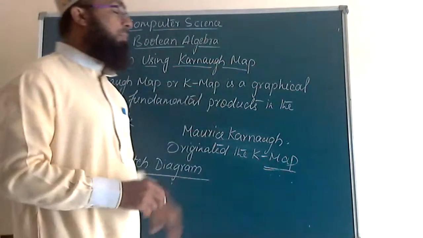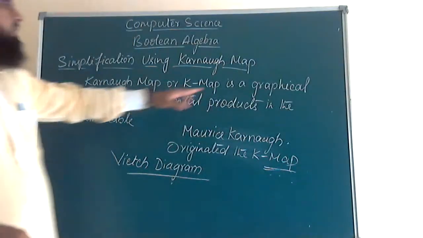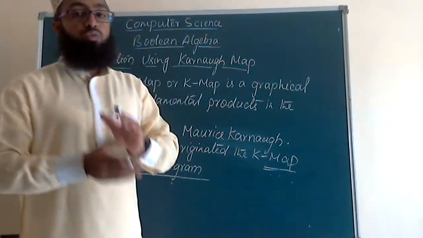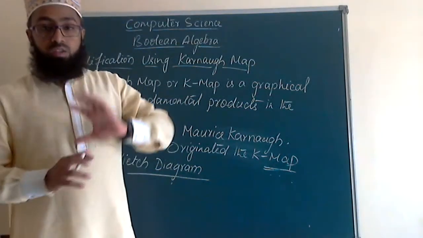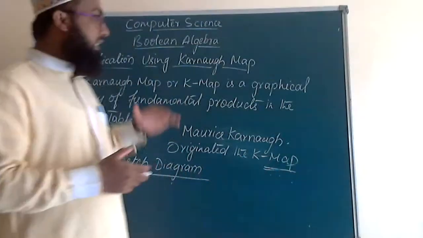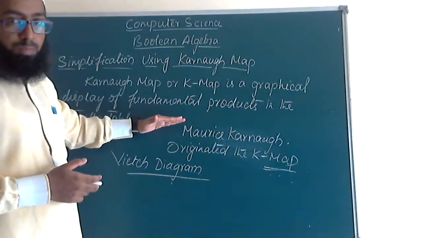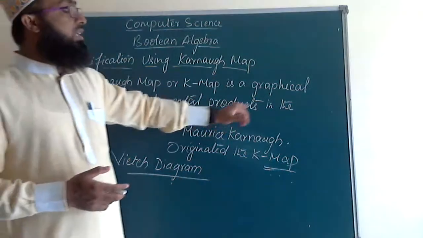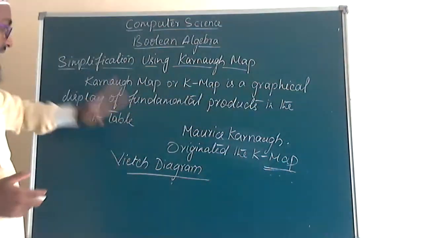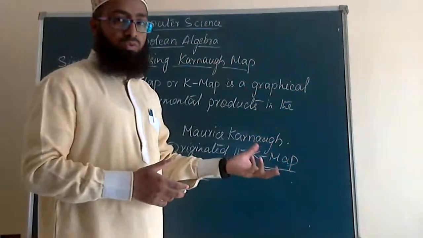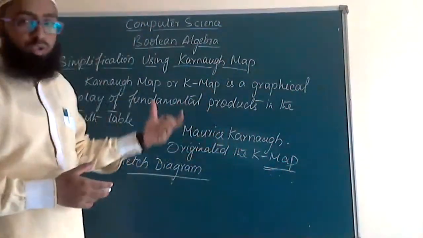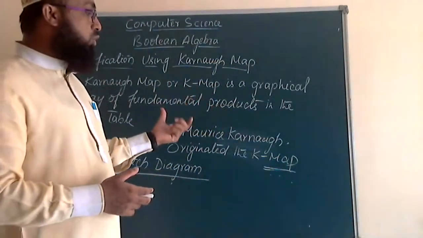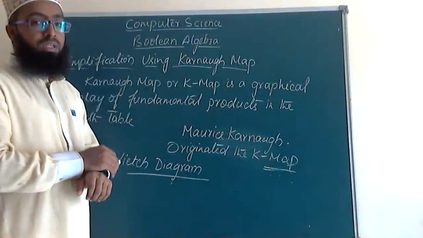Karnaugh map or K map is a graphical display of fundamental products in the truth table. The results we get in the truth table can be represented in a Karnaugh map. Later, when I draw the Karnaugh map using the truth table, you will come to know how it can be used.